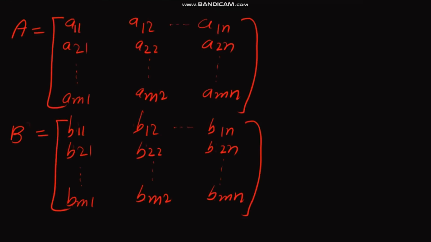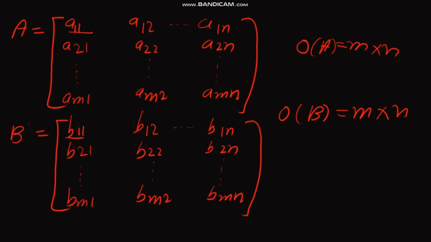Okay, so the number of elements in a is m by n, right? And similarly, the number of elements in b is also m by n, right? So I have to do addition. I have to add a11 and b11, right? And a12 and b12. Similarly, a1n and b1n.